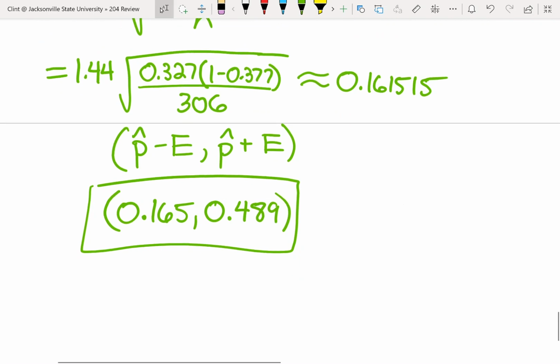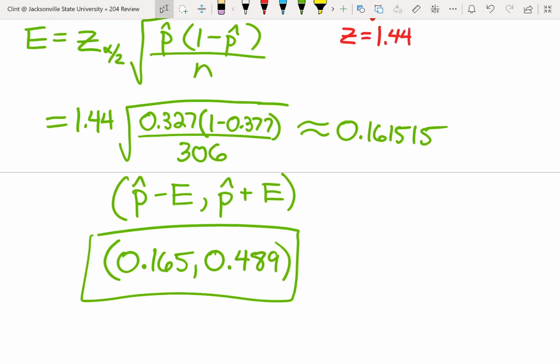I'm sorry. You can see that better. Okay, let me check. Oh, okay, I probably did it like I wrote it. I wrote 0.377 and 0.327. I bet I punched in one. All right, let me adjust here. Double check. So 0.327 times 1 minus 0.327 divided by 306.